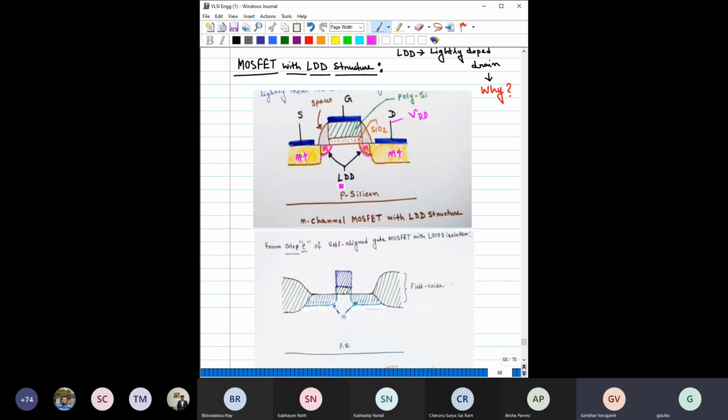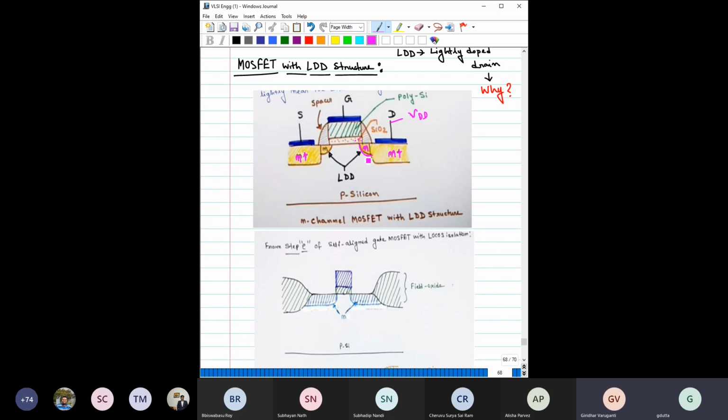Okay, so to prevent that, people have introduced a lightly doped region beside this N plus drain region. For the time being, let us forget about the other side and only concentrate on this drain side. So they have made this N region, a lightly doped region, here.